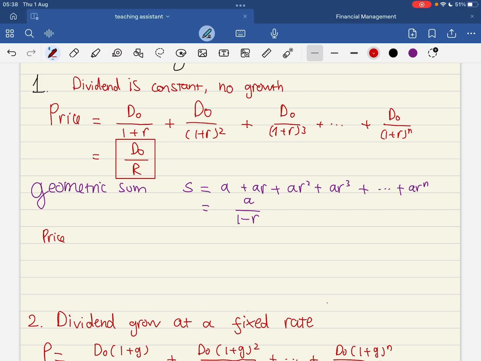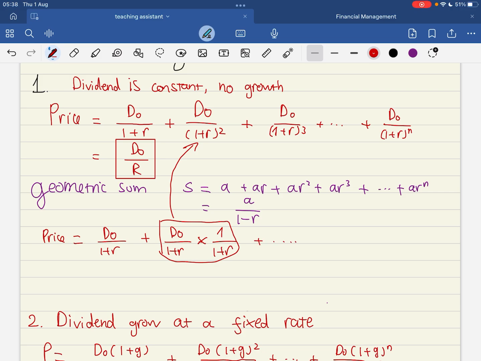The price will always be equal to D0 divided by 1 plus R, plus also D0 divided by 1 plus R. But now instead of putting the square outside of 1 plus R, I will times this with 1 divided by 1 plus R. And this one is actually the same as D0 divided by 1 plus R squared. I just separate it into two different sides, which look kind of like the geometric sum, isn't it?